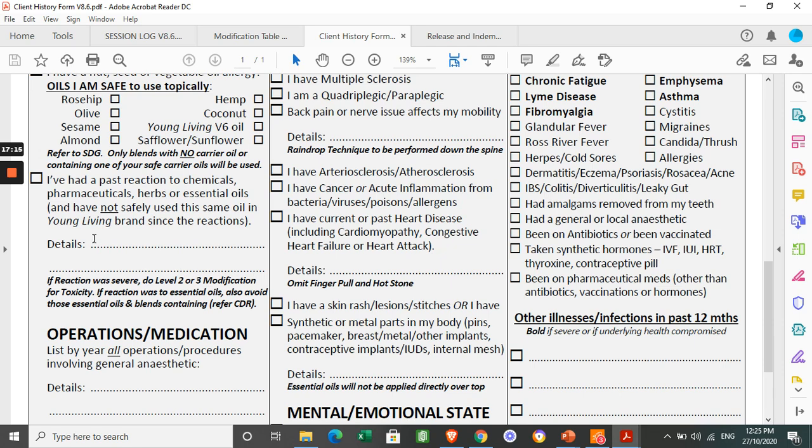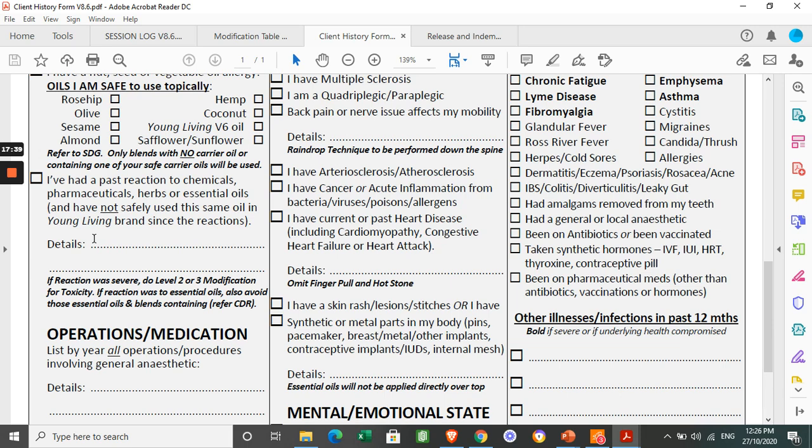So if I'm going to be creating signature blends, or doing raindrop technique or VitaFlex technique, and my client has ticked this, I need to recognize that any aromatherapy oils we introduce need to be introduced slowly.